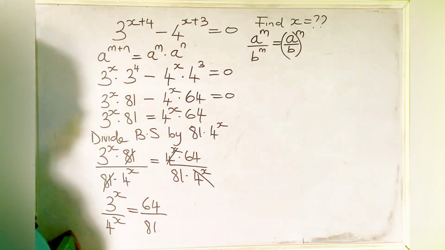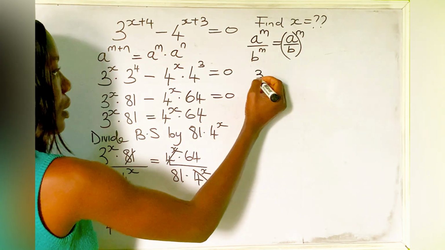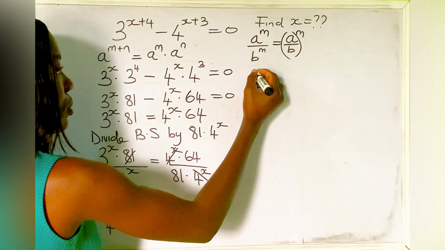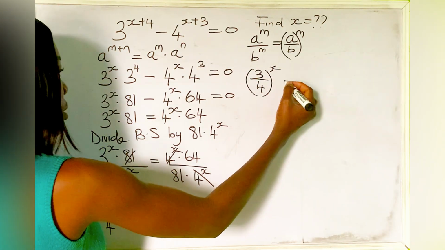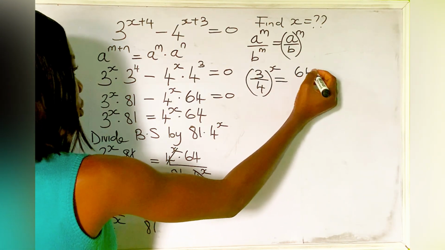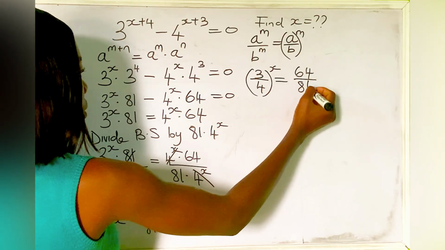So now we'll have 3 over 4, to the power of x, is equal to 64 over 81.